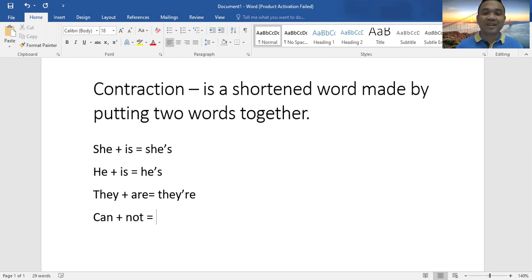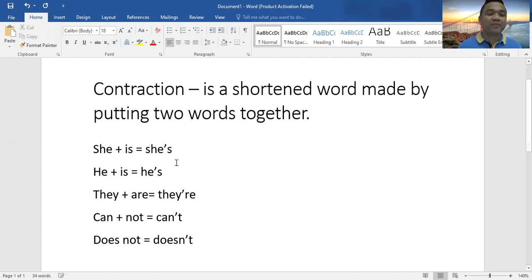What is the contraction for can plus not? It can be can't. Okay, another example, does plus not. What is the contraction for does and not? Fantastic. All right, so the contraction for does and not is doesn't.